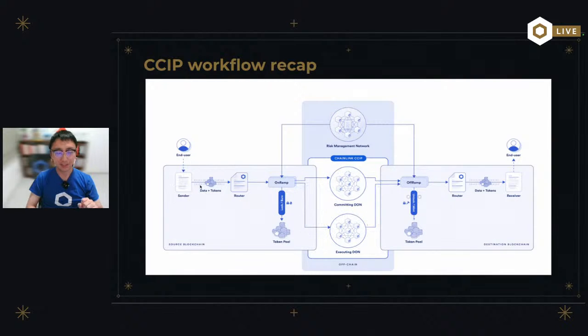Like we saw before, this one is a standard smart contract, and this one is a receiver smart contract. A user can send a transaction through the standard smart contract to wrap some information in data and the token related to the instructions together and send it to the router smart contract.